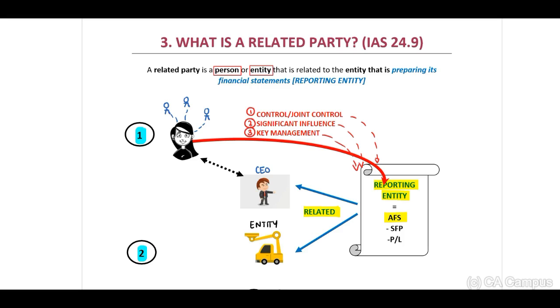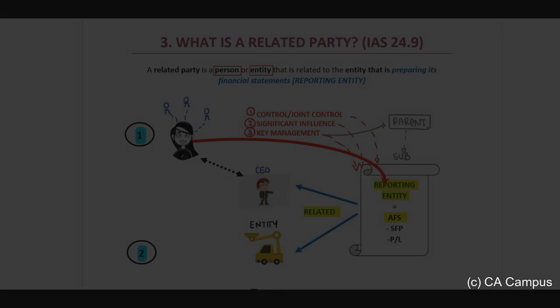And when we look at key management, this person can also be part of key management of a parent. Therefore, guys, when we talk about parent, then our reporting entity will be the subsidiary. Therefore, our member or person can be a key management personnel of the parent of our reporting entity as well.